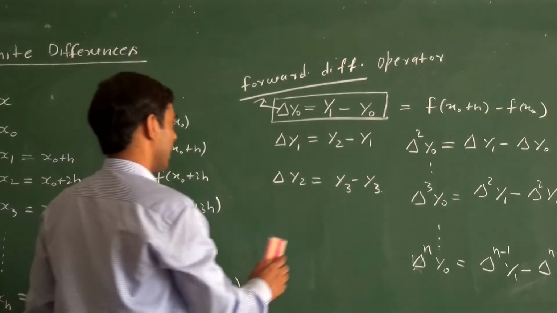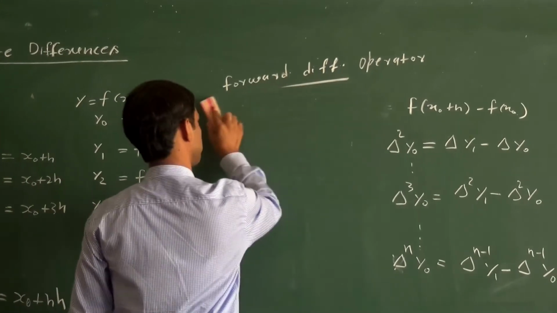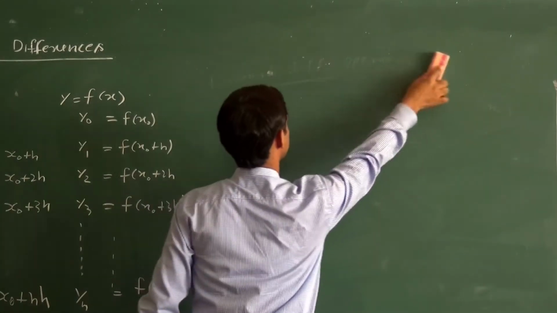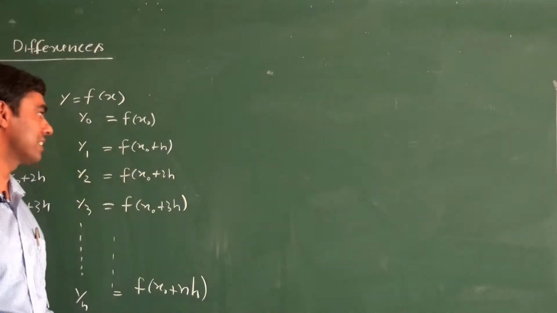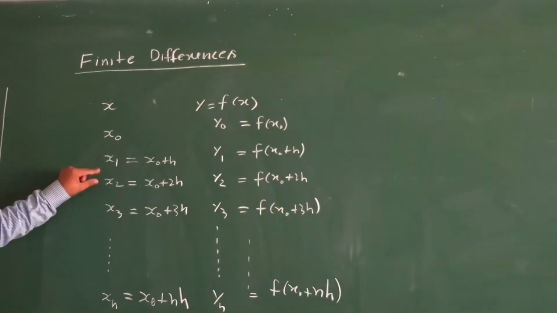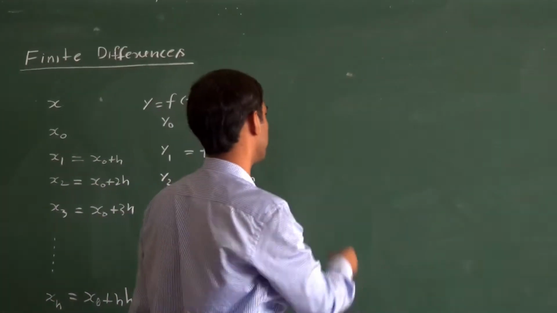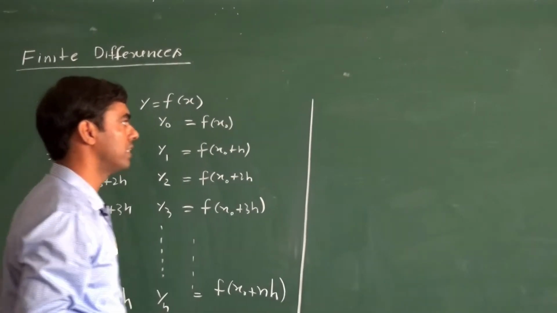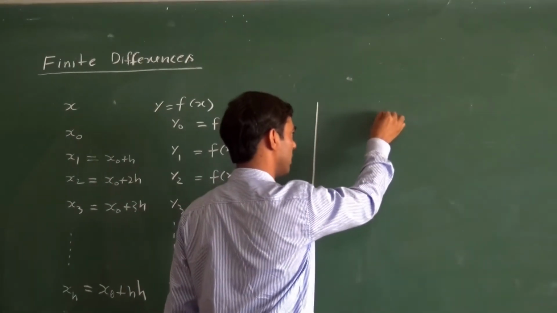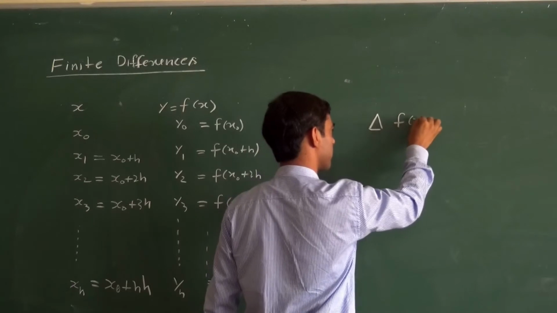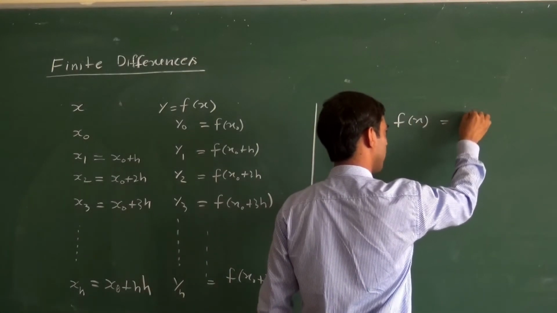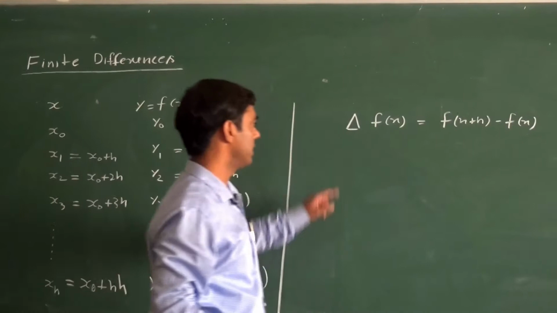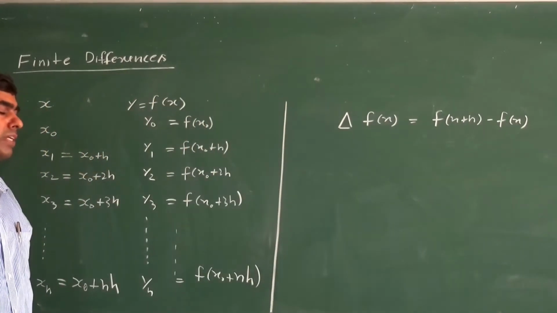Now, if we define in a similar manner the forward difference of any function f(x), where h is the class interval between two successive values, in general the forward difference is defined as del f of x equals f of x plus h minus f of x. This operator is known as the forward difference operator.